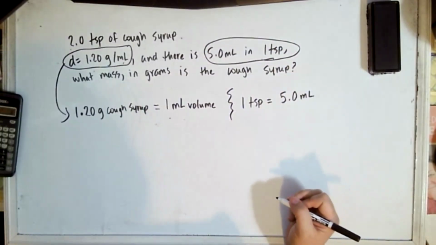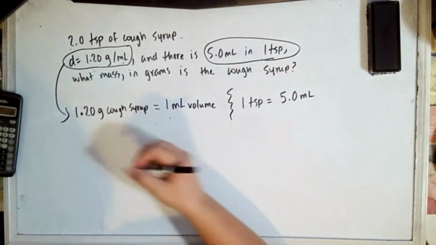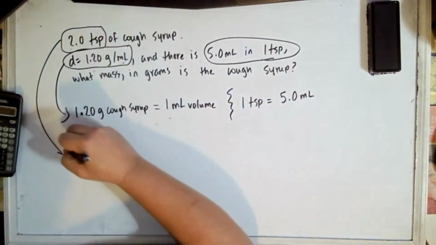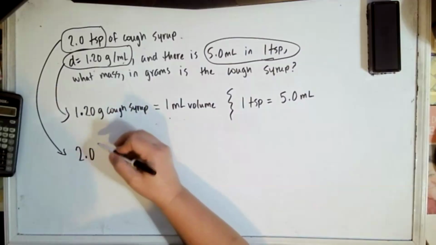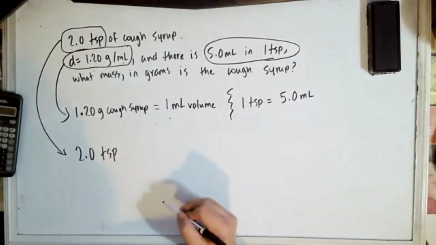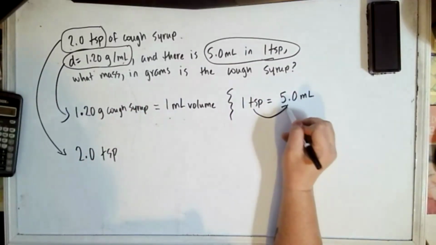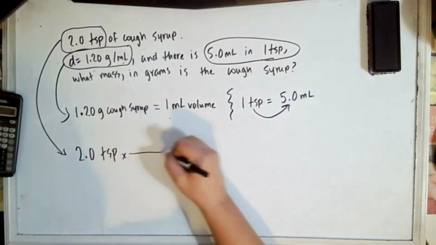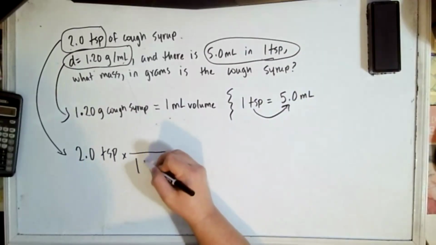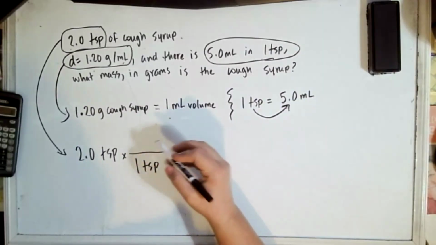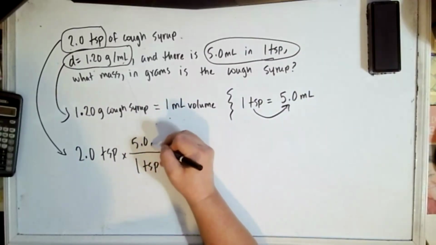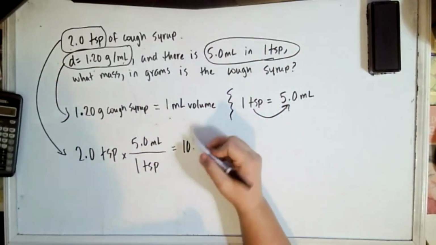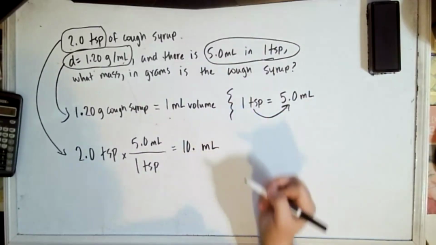So what John took was 2 teaspoons. Well, we know that every teaspoon is going to be 5 milliliters, so we know that there's 10 milliliters that he took.